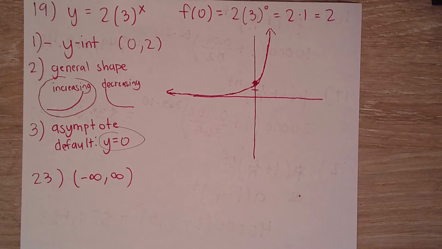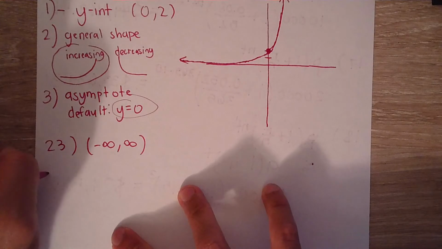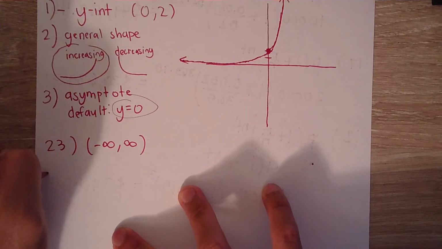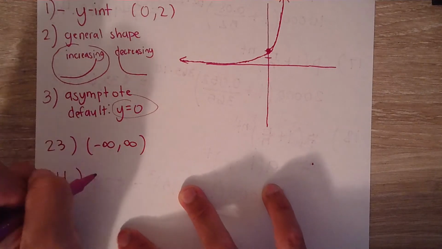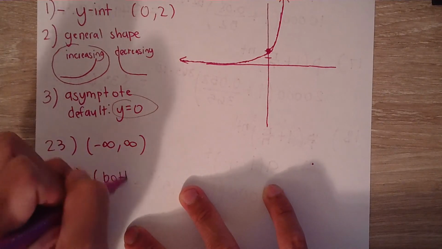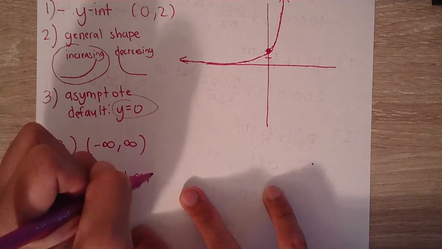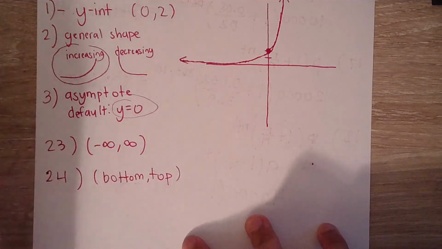All right, number 24, what is the range? Remember, we think of the range as from the bottom of our graph to the top of our graph. So let me go ahead and rewrite that. Our range needs to be the bottom of our graph, and then our second number is going to be the top of our graph.